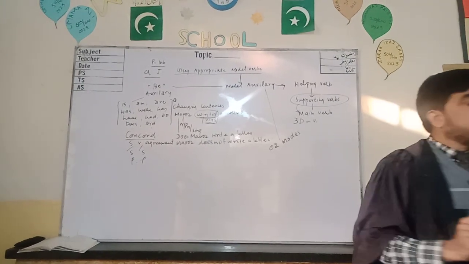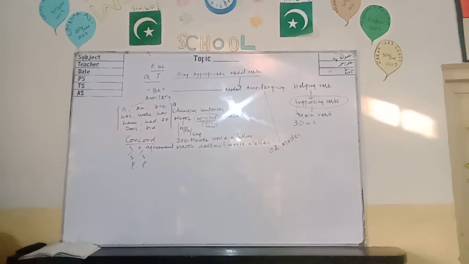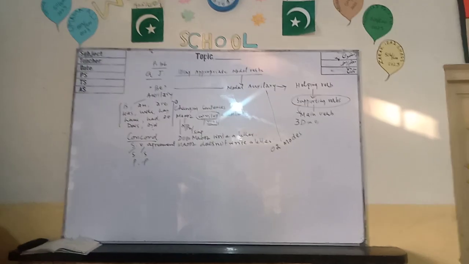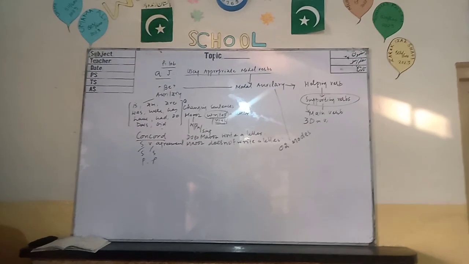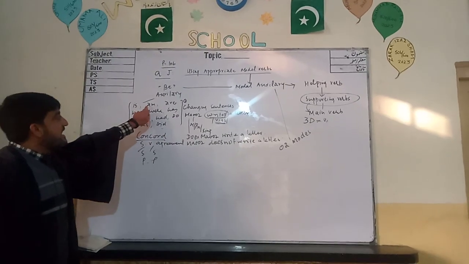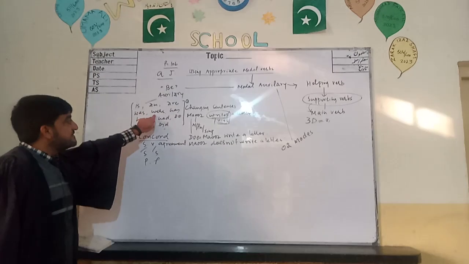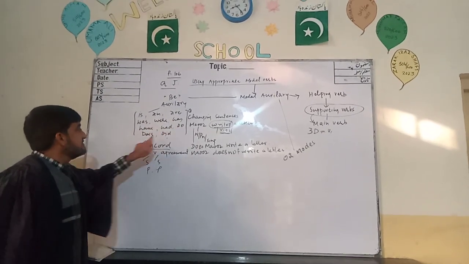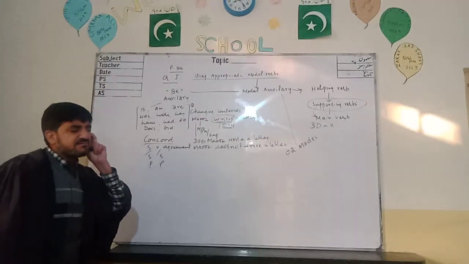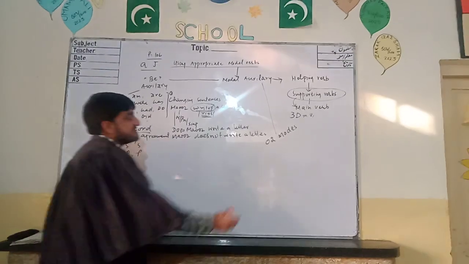The difference between be auxiliary and modal auxiliary is that be auxiliary has one form. Is, am, are are used with present, was, were with past, has, have, had with perfect, and do, does, did are used in present and past simple. Modal auxiliary has two modes.